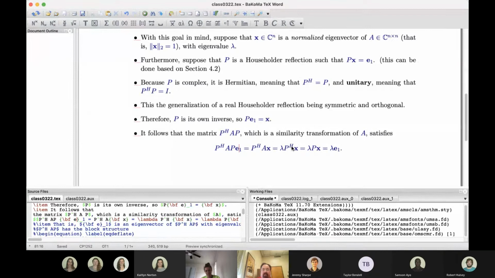Now, P is Hermitian, so P^H is the same as P. But P x is e1, so I get lambda e1. So now what this is saying is this matrix, P^H A P, times e1 is a multiple of e1. In other words, e1 is an eigenvector of this matrix.